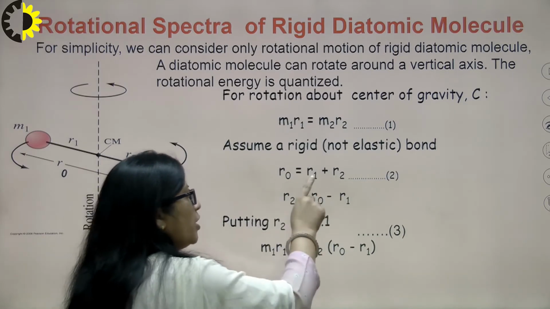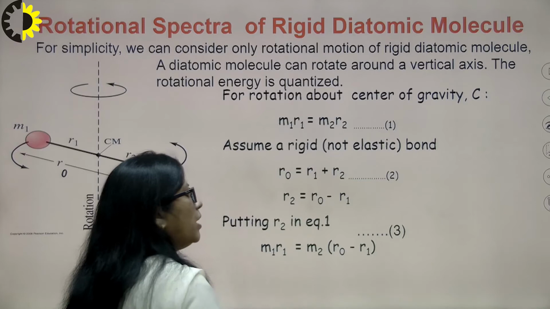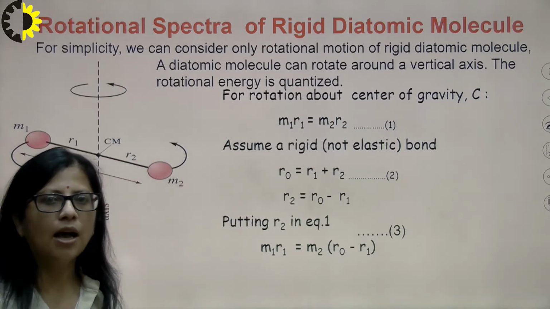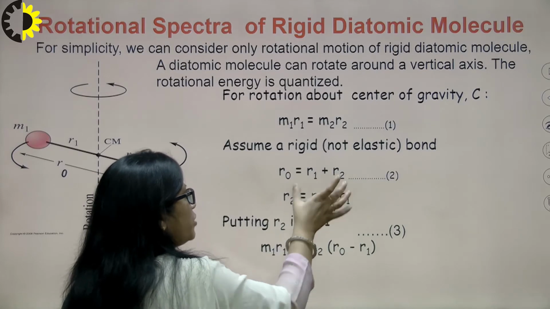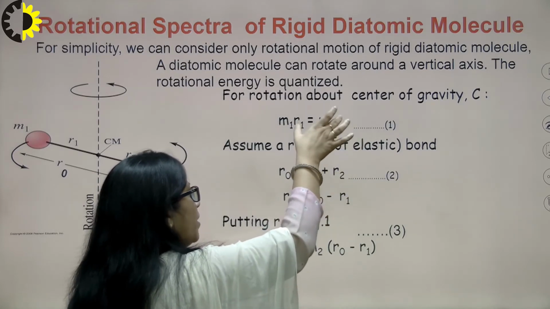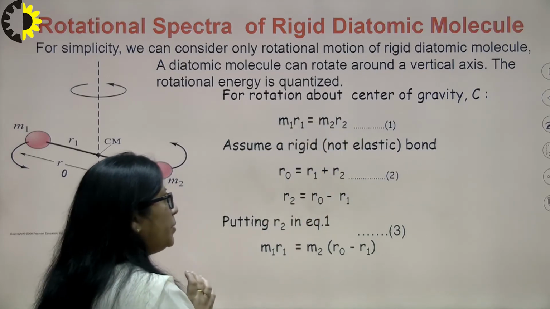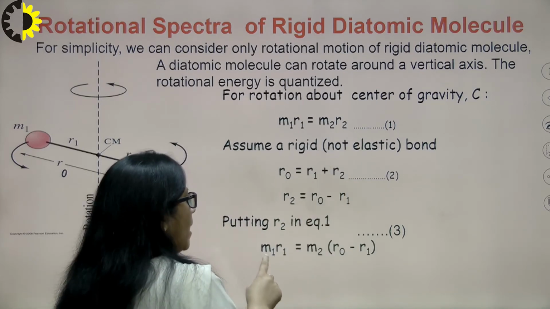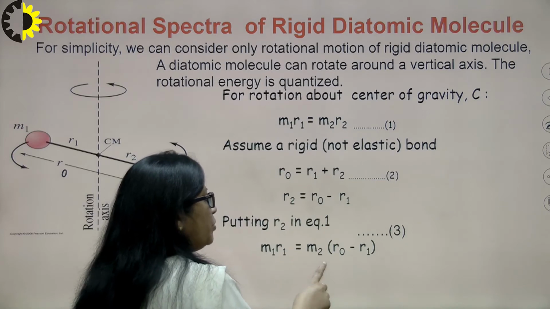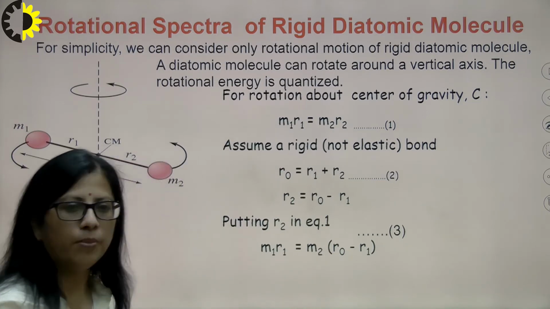So, from this equation we can find that r2 is equal to r0 minus r1. When we put this value of r2 in the above equation, our first equation becomes m1 r1 is equal to m2 (r0 minus r1).